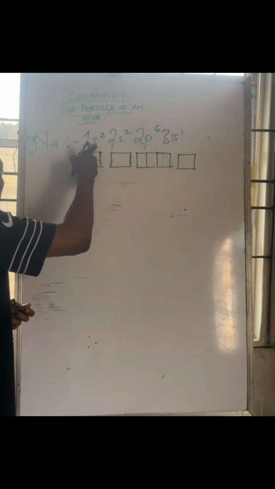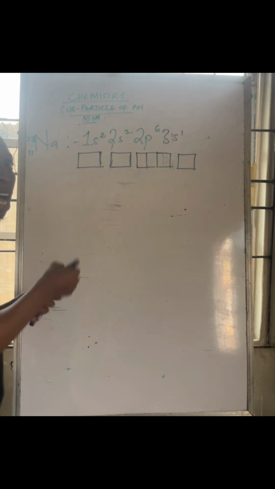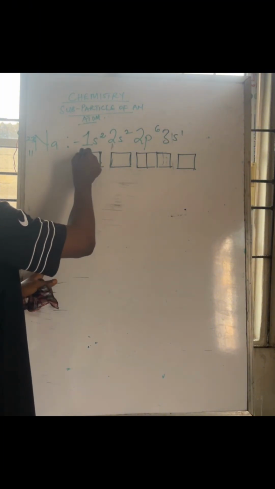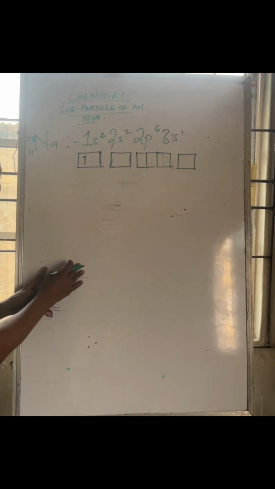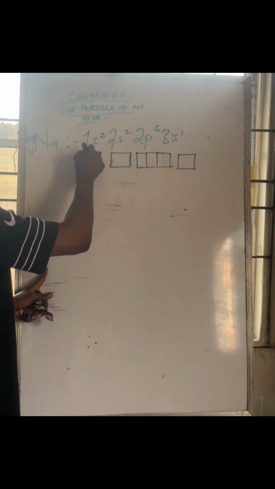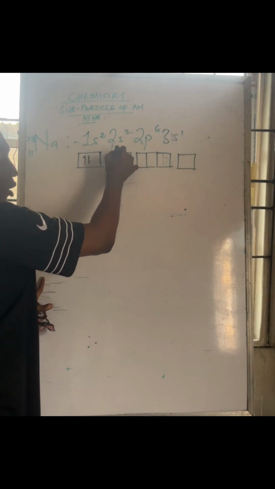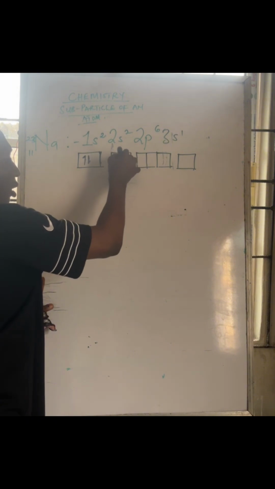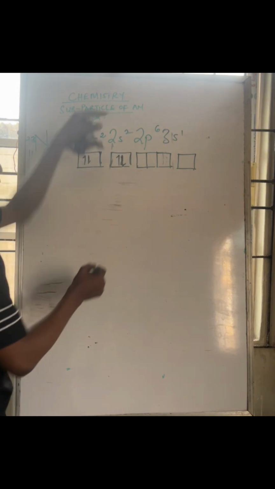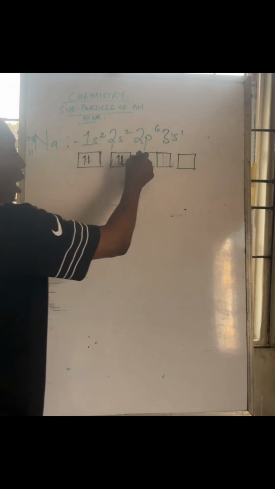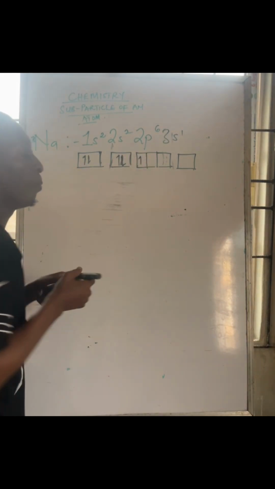Now this is 1s2. You would notice how many electrons are there in the s orbital? 2. So you go with the first spin and you go with an opposite spin. So I'm done with this. Move down to the next one. I go with this and I go with this. Are we together? Just consider the number of electrons here. Then this one, I have 2p6. I go with the first, don't forget the rules.